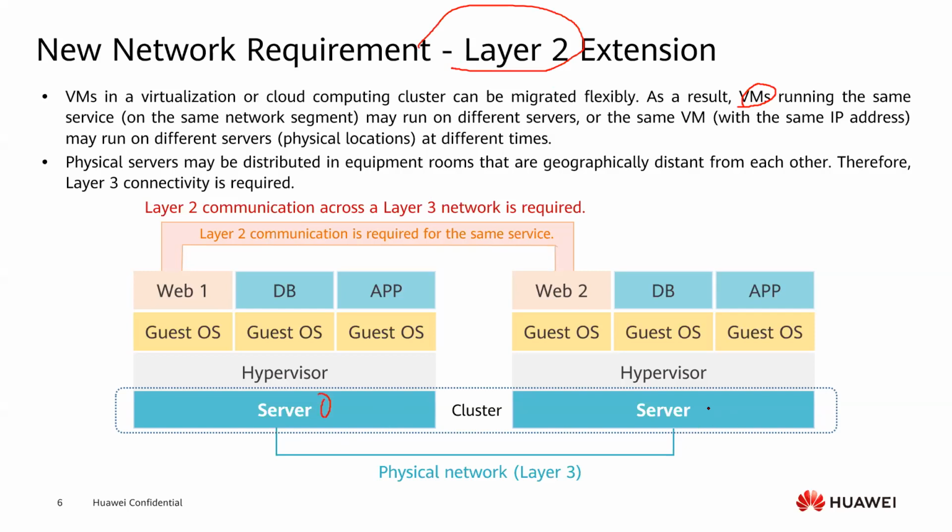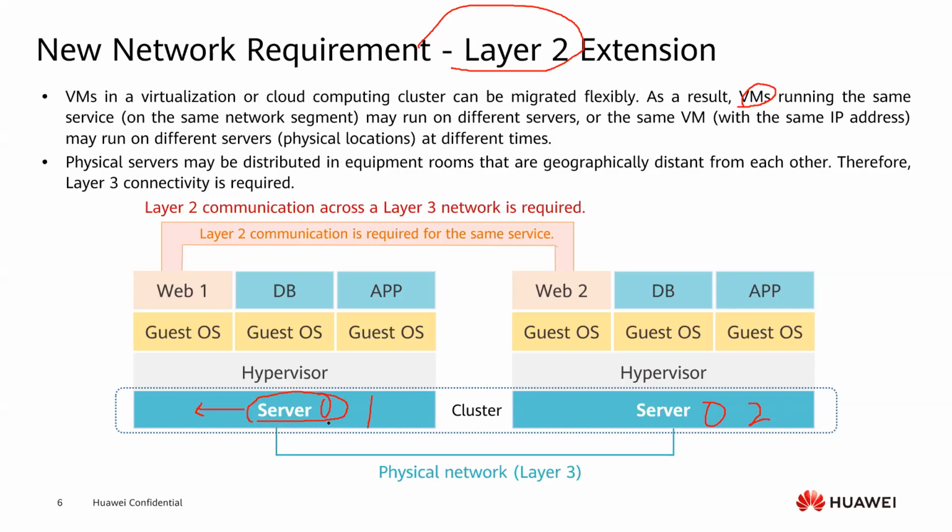So it means we need a very large Layer 2 network. For example, this server is the one the virtual machine belongs to before the migration, and this server is the one it belongs to after the migration. Server 1 and server 2 may belong to different data centers in different cities. So how do you build a Layer 2 network between different data centers?